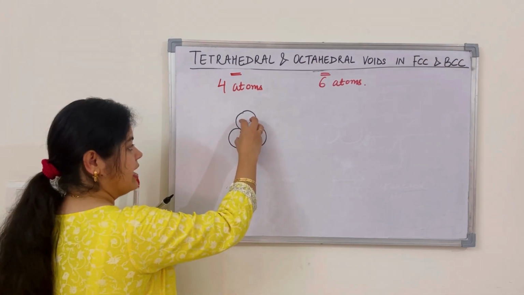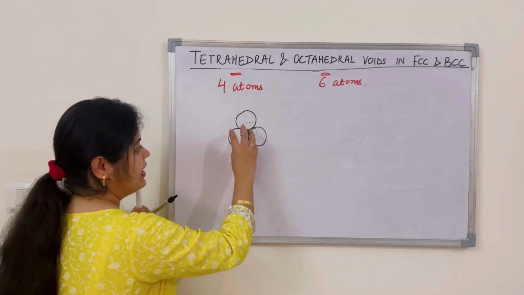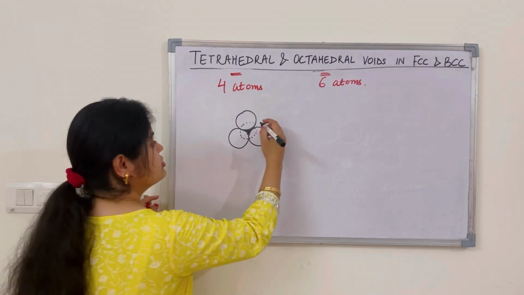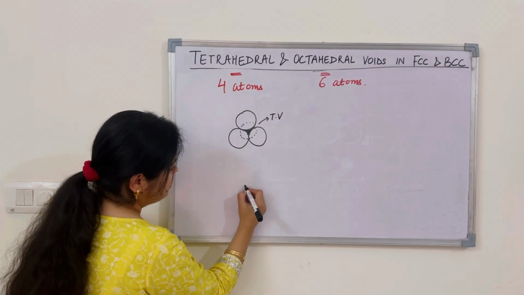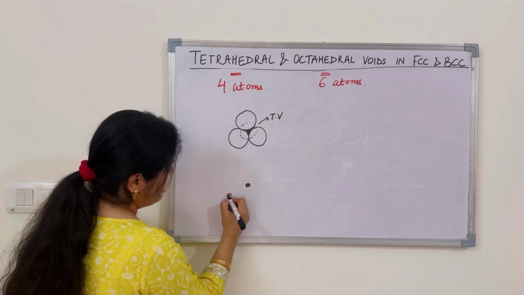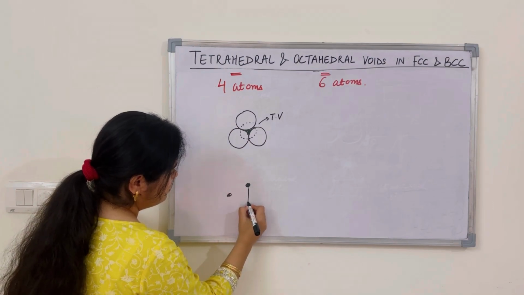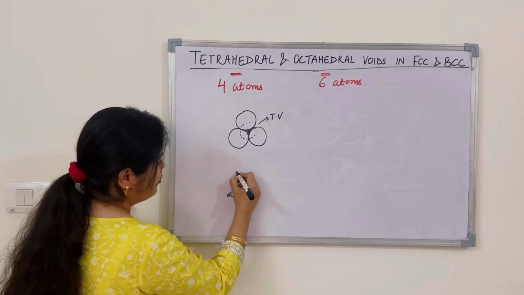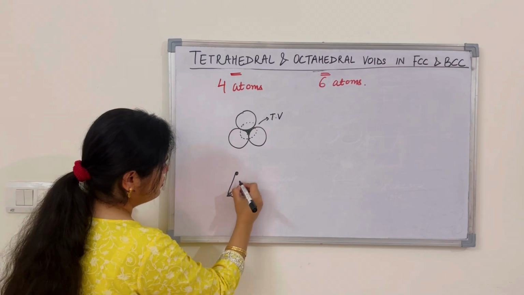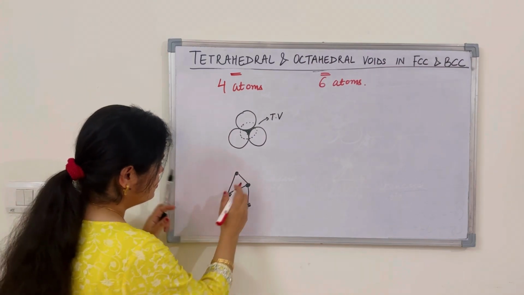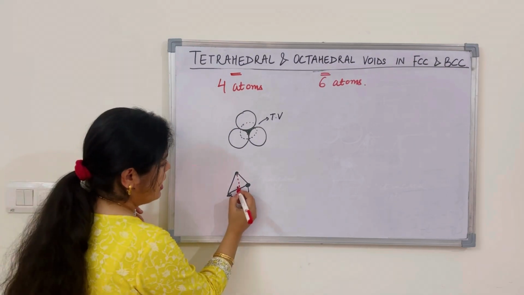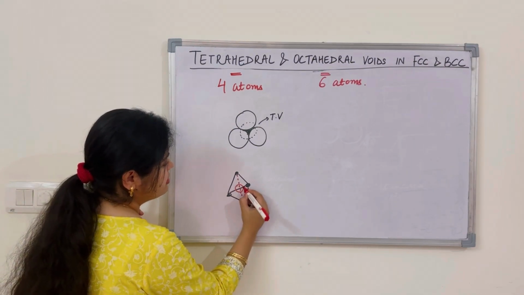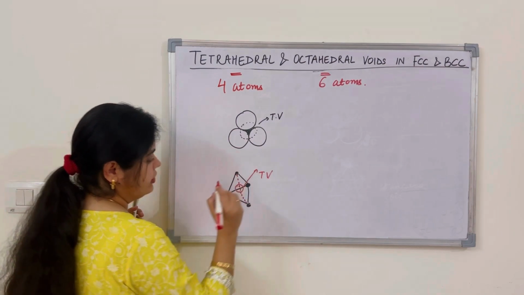The void created now is known as a tetrahedral void. I can also draw it in this way, that 3 atoms are in one plane and one atom is on the top. So this creates a pyramid-like structure, and the void here is known as a tetrahedral void.